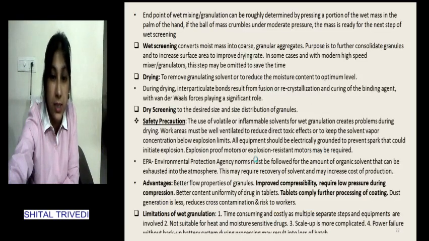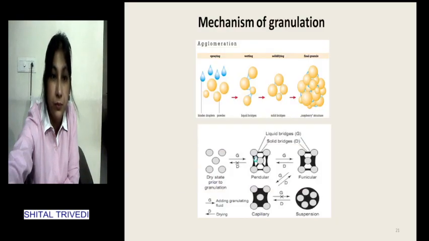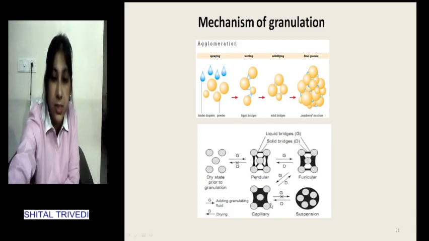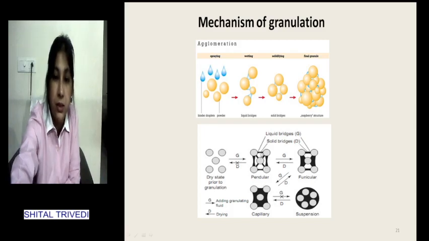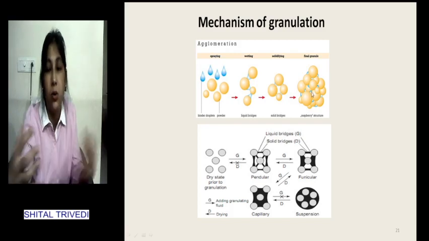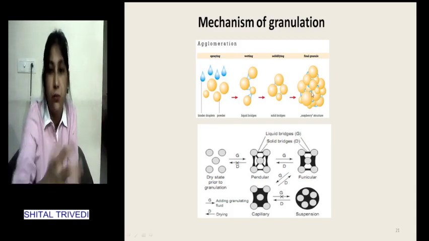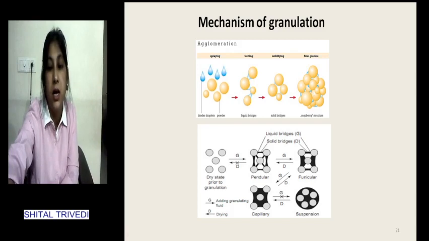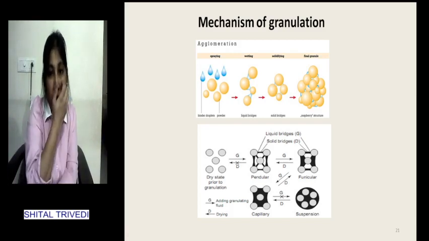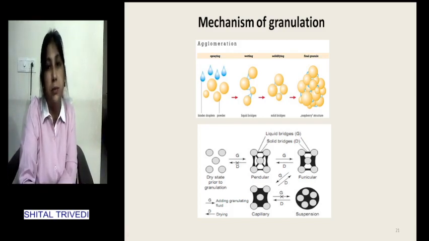So here we can see the liquid bridges, the further addition of granulating fluid, the different transition states, and then drying results in the conversion of liquid bridges into solid bridges, and that holds the particles together in the form of an agglomerate, or we can say a granule. So this is about the granulation mechanism in wet granulation.